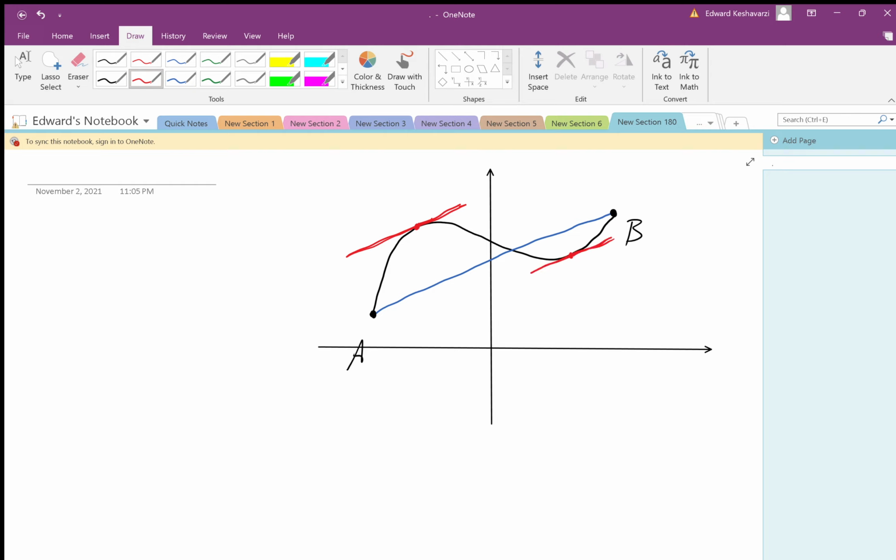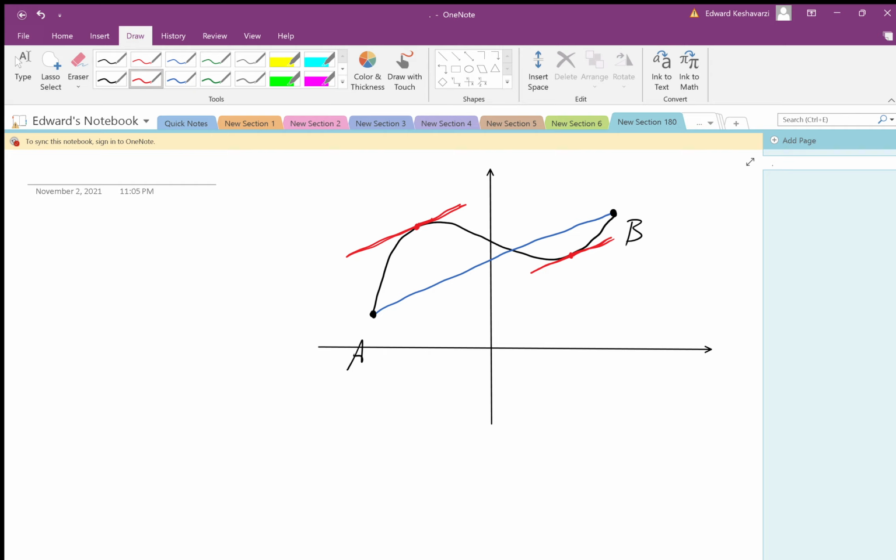So we will not forget the conditions. The conditions are very important, and sometimes AP questions are all about the conditions. So the conditions are continuity and differentiability of the function.